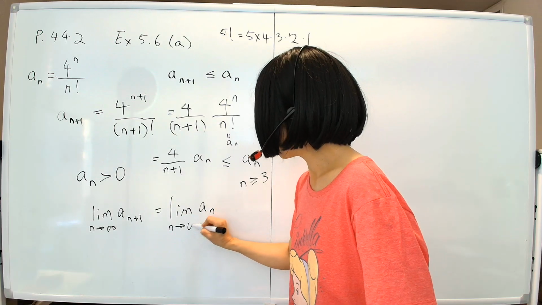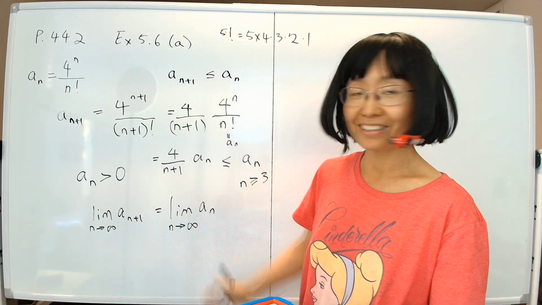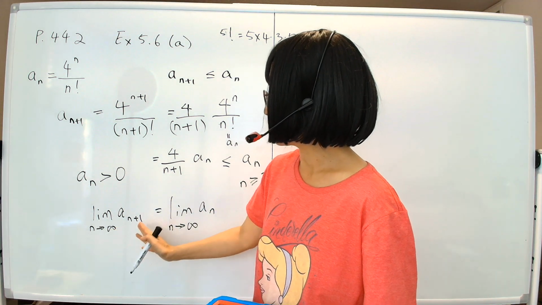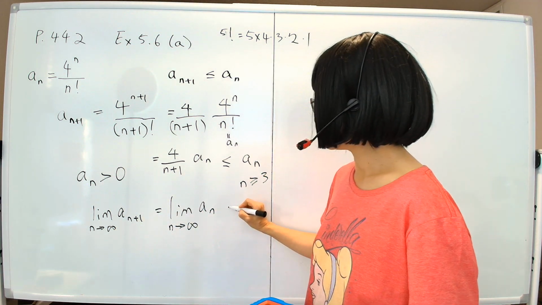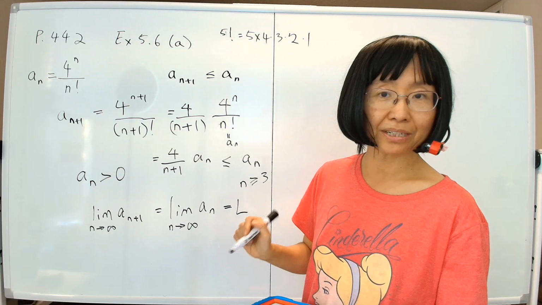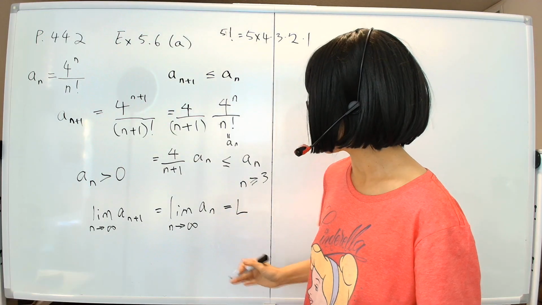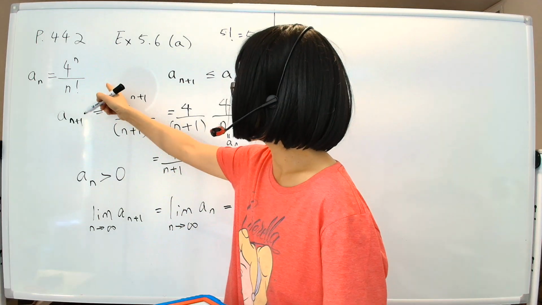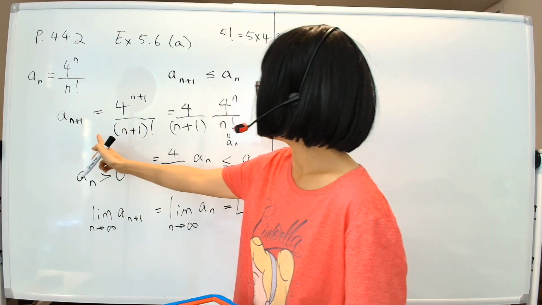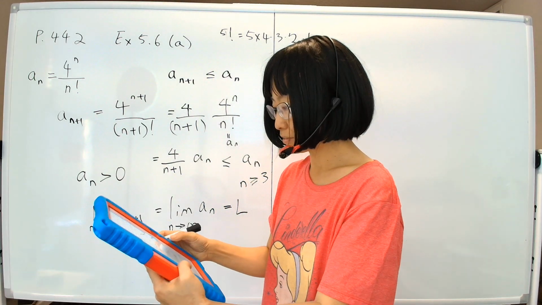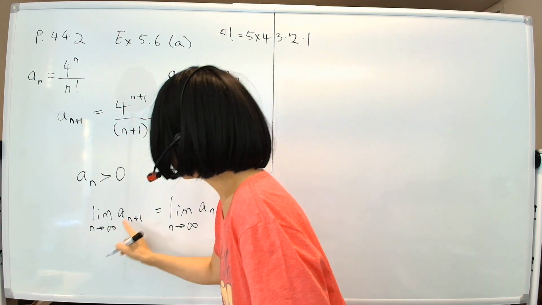They're identical, because n is approaching infinity. So let's call this equal to L. Let's call the limit L, because we already established that the limit exists. Now, we'll write down this relationship.